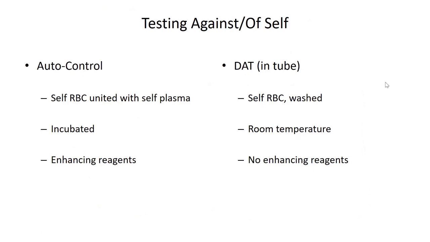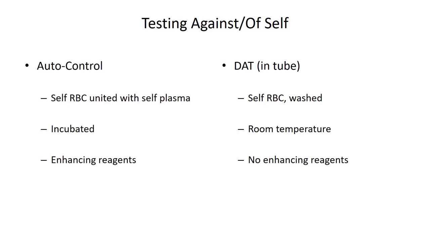The testing against or of self comes in two formats, the autocontrol or the DAT. The autocontrol is quite a bit more sensitive. You are reuniting the patient's own red cells with their own plasma. It's an incubated technique, and there are usually enhancing reagents.